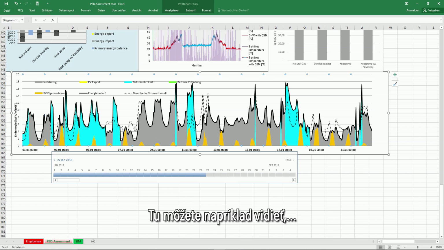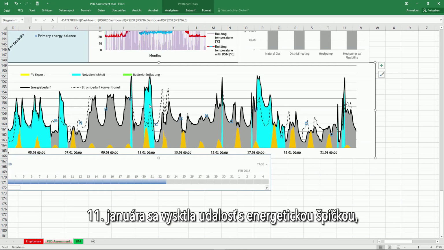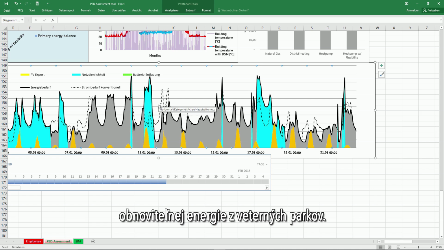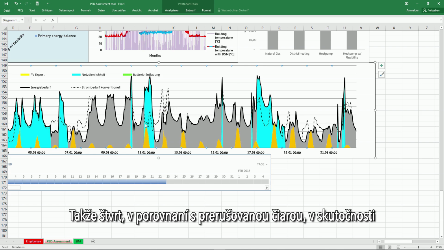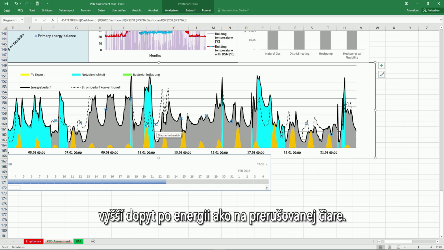So here you can see that, for example, maybe it's a good example here. On the 11th of January, there was a peak power event where there is too much renewable energy from wind parks in the grid. So the district, compared to the dotted line, is actually increasing its energy demand to preheat the buildings during this time, and it has a much higher energy demand in the black curve than the dotted line.